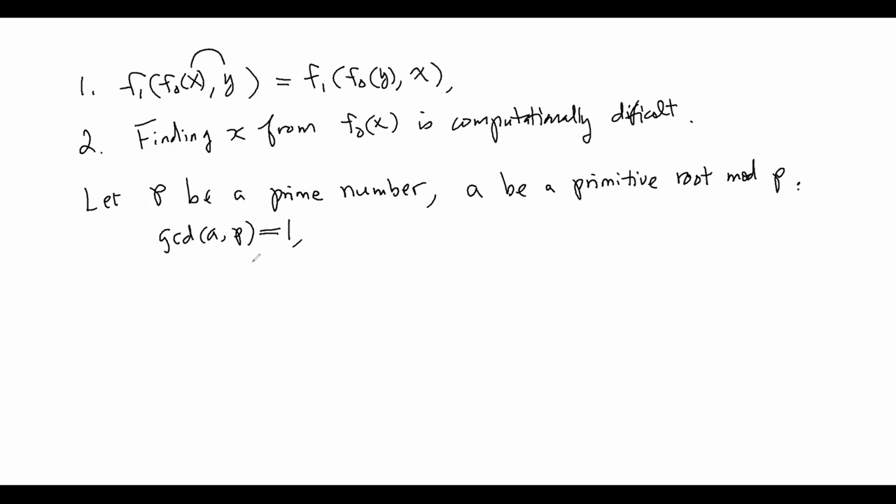That means A is relatively prime to P, and then we have A to the P minus 1 is congruent to 1 mod P. So this is Fermat's little theorem.